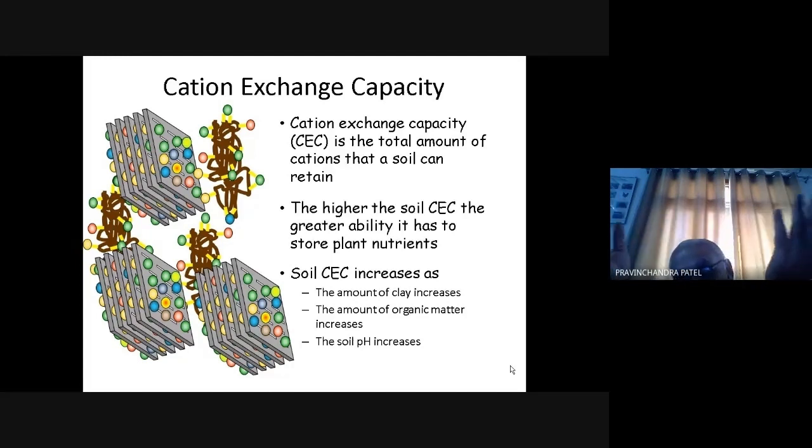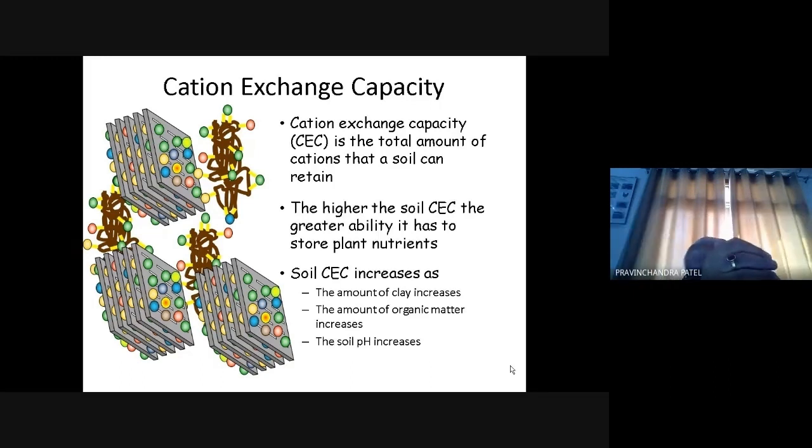Means when your soil is black soil or when you are adding more clay, then the cation exchange capacity is increasing. And you know that the farmers are adding the soil of the tank because it contains more clay.